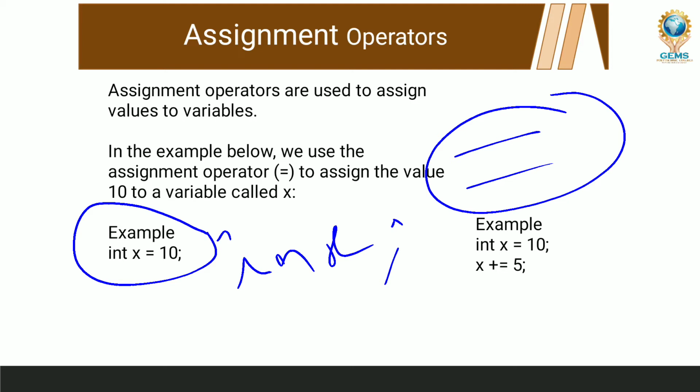But here the equal to symbol is not like that. This equal to symbol helps us to assign the value to the variable. I will show you how we do that.